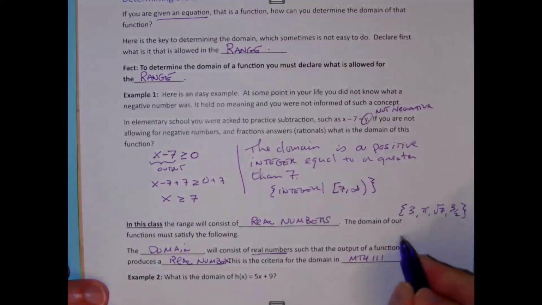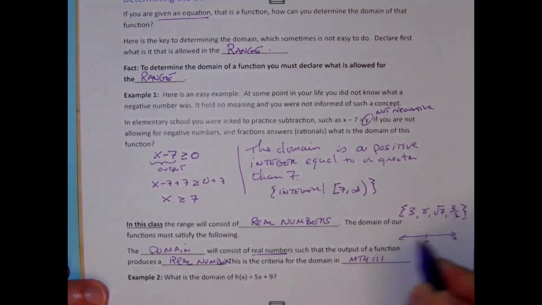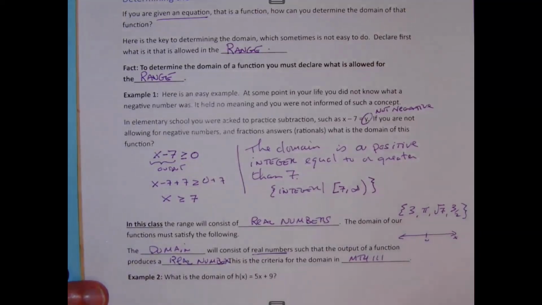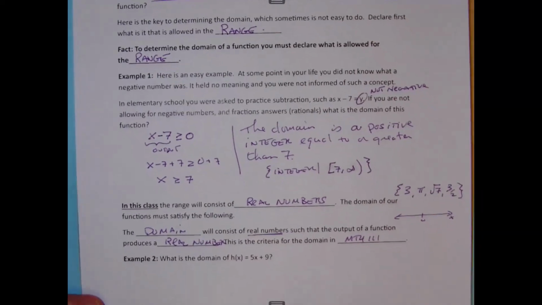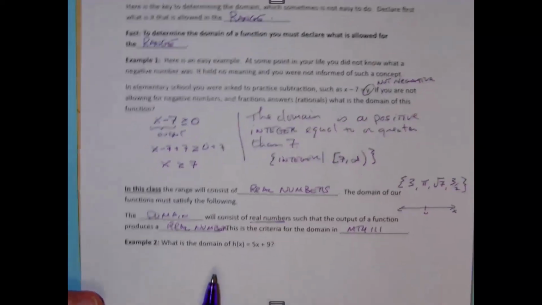When you graph and you have a number line, here's the x-axis, the real numbers fill this entire axis, leaving no gaps. So basically everything you think of is a real number, with one exception, depending on your background.